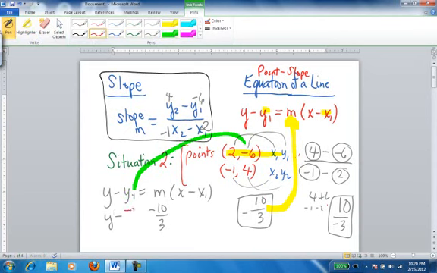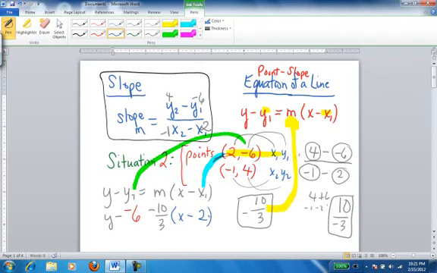The x1 value is 2, so I'm going to put that one right there. So I'm going to have parentheses x minus, and that's plain old 2, isn't it?